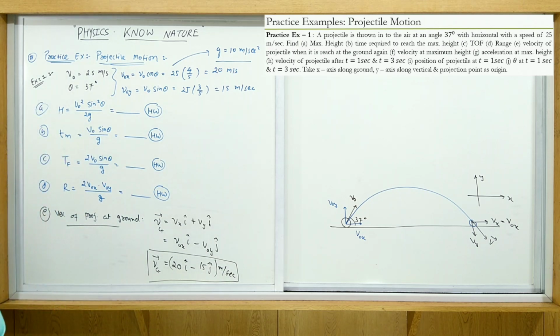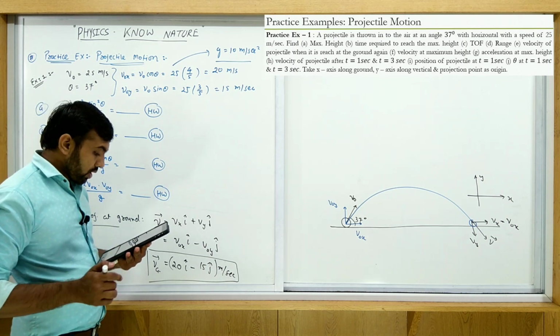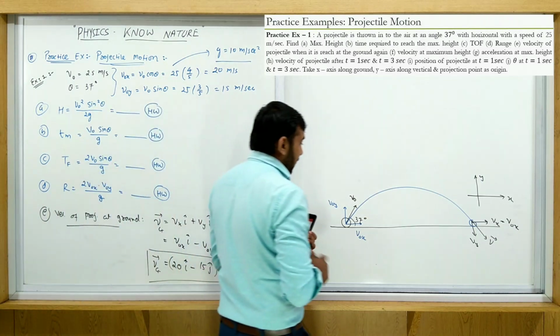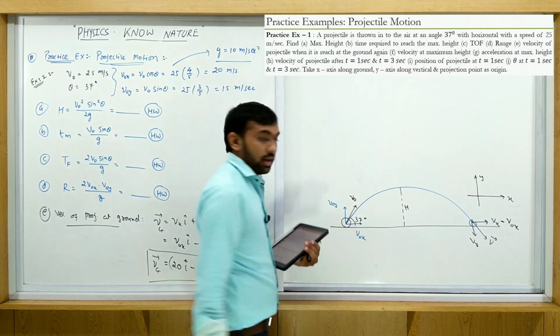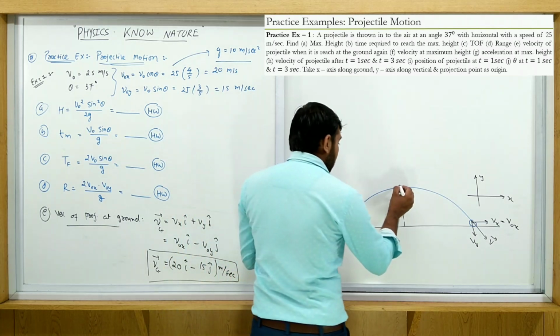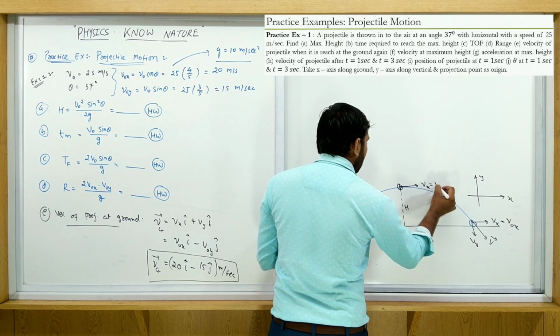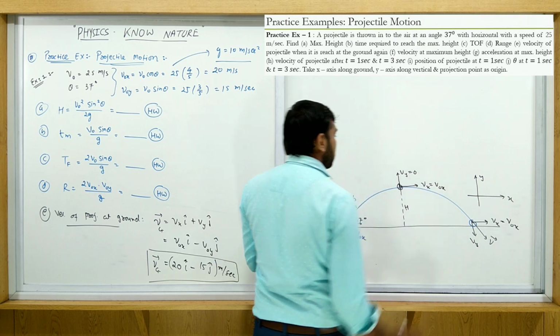Okay, let's come to the next problem: velocity at the maximum height. If you consider this maximum height, as we discussed in a previous session, at this point the object has only horizontal velocity, and its vertical velocity is 0.